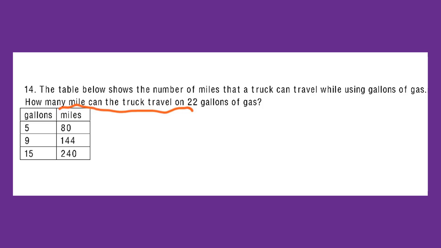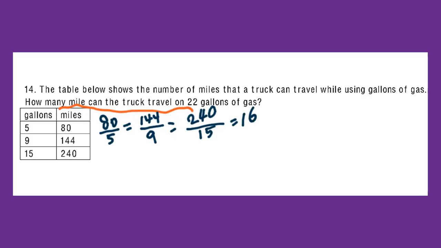First of all, we check this data, and we know that 80 over 5 equals 144 over 9 equals 240 over 15 equals 16, which means y over x equals the constant k, 16, and y equals 16x.